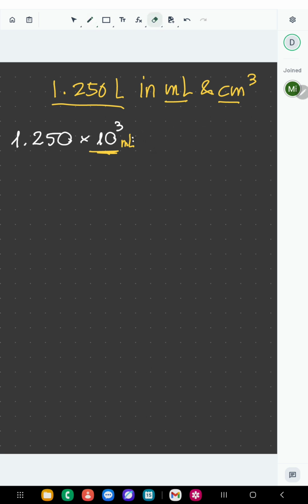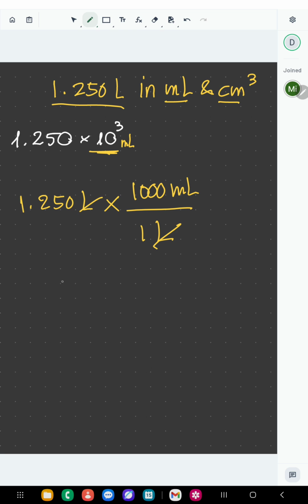That one. Yes, because you convert, see? This is how you convert that. So 1.250 liter times how many milliliters in 1 liter? That's 1000, right? So 1000. And then this cancels out, so you'll be left with the ml unit. So 1,250 times 1000, that is 1,250,000 milliliters, right?